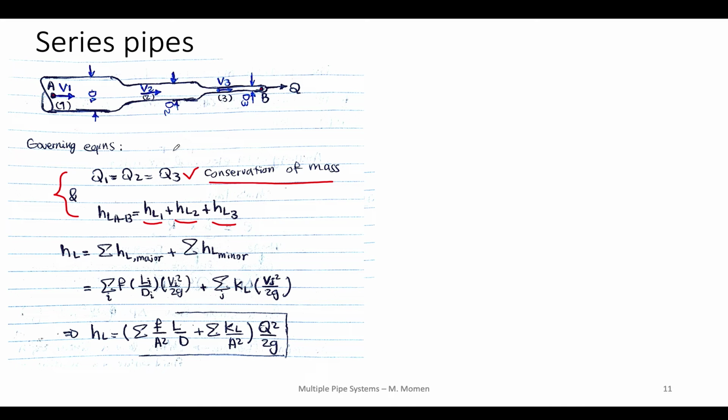All these additional components in a pipe flow system lead to a minor head loss in the system. So this is going to be the head loss.